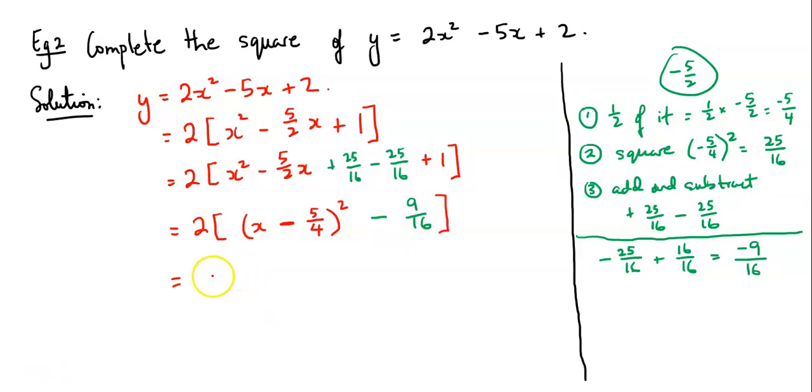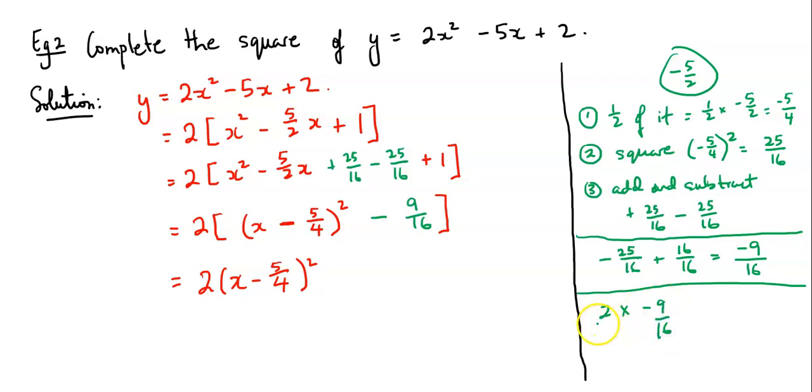Our fourth and final step: we remove the square brackets. So we have 2 open brackets, x minus 5 over 4 squared, and then 2 multiplied by minus 9 over 16. Make the 2 into 2 over 1 and cross cancel: 2 into 2 is 1, 2 into 16 is 8.